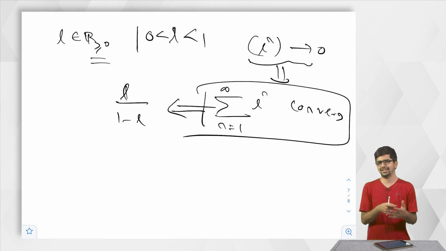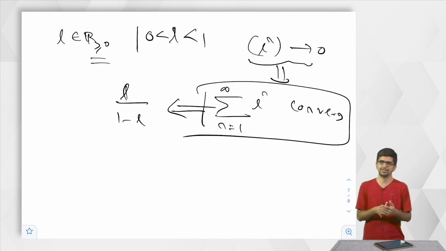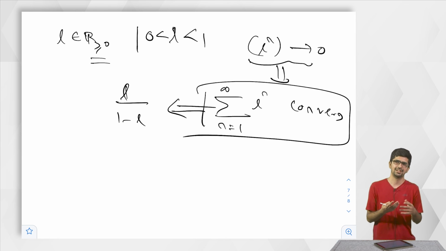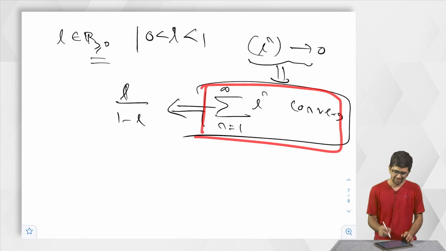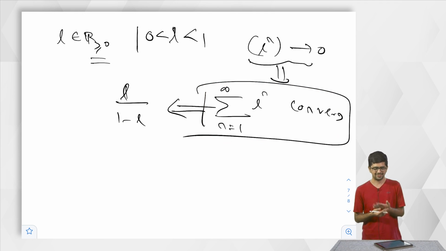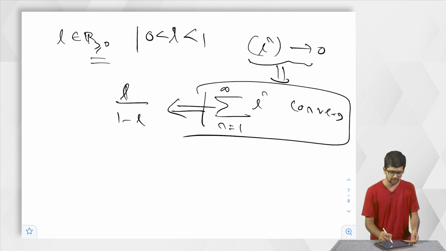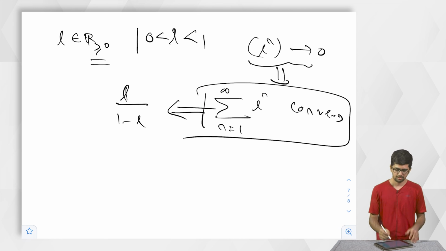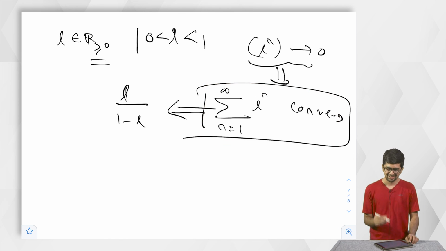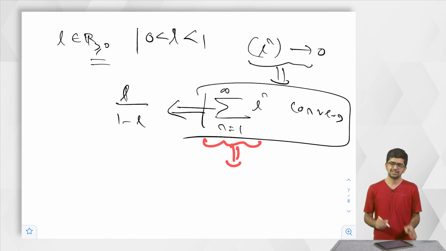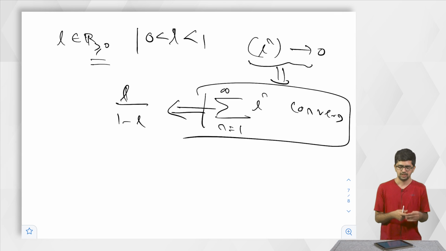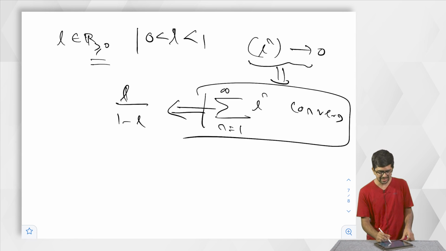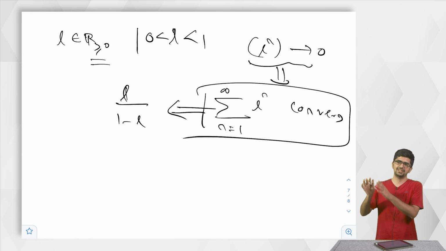Suppose f is continuous, then 2f is continuous, 3f is continuous, nf is continuous, or alpha f is continuous for every alpha belongs to R. So just one example of a positive thing gives some hope that maybe one can produce more convergent series from just this, or using this we may be able to prove that some other sequence is convergent. There are two purposes. One is to produce more series that are convergent. The second purpose is we can use this idea to prove some arbitrary series is convergent.